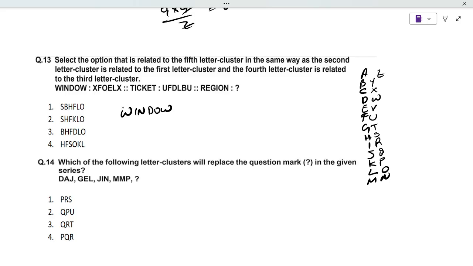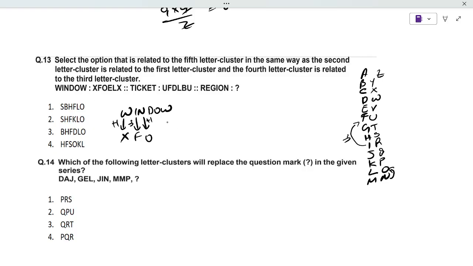WINDOW. So here we're getting X, that means W plus 1. I, we're getting F. So I is here, F means what? Minus 3 or no? Minus 3, right? N, we're getting O. N is here, O. So I think it's plus 1 minus 3 plus 1 minus 3, right? But let's check.